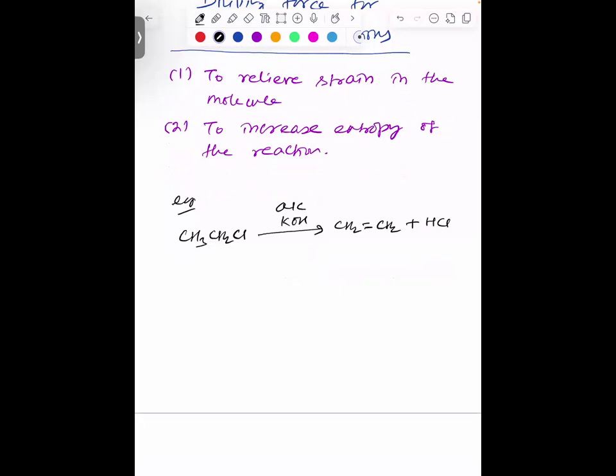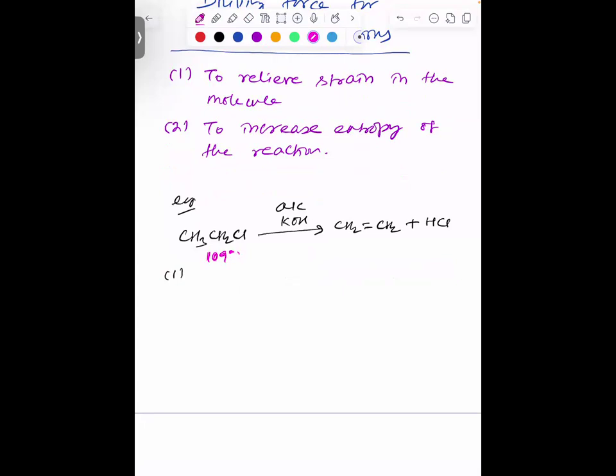And first, to relieve strain in the molecule. You will see in the first one, in haloalkane, what is the approximate bond angle? Approximate bond angle is 109 degree. Okay, tetrahedral.